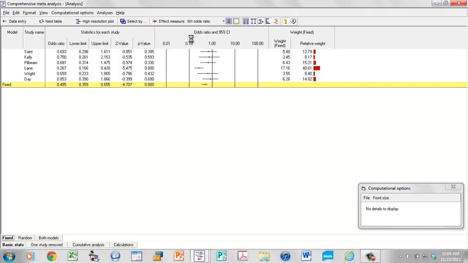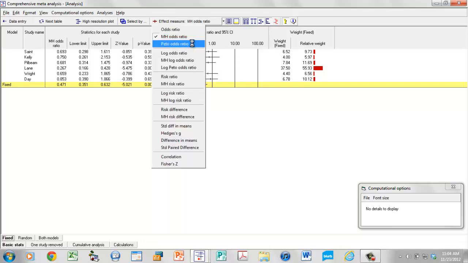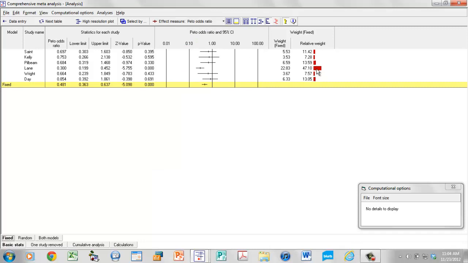Under Mantel-Haenszel, it's getting 55% of the weight, so it's going to have more impact. And under the Peto odds ratio, it's going to have 47% of the weight. In some cases, as you move from one of these weighting methods to another one, the effect size might shift, and this helps you to understand why that is happening.